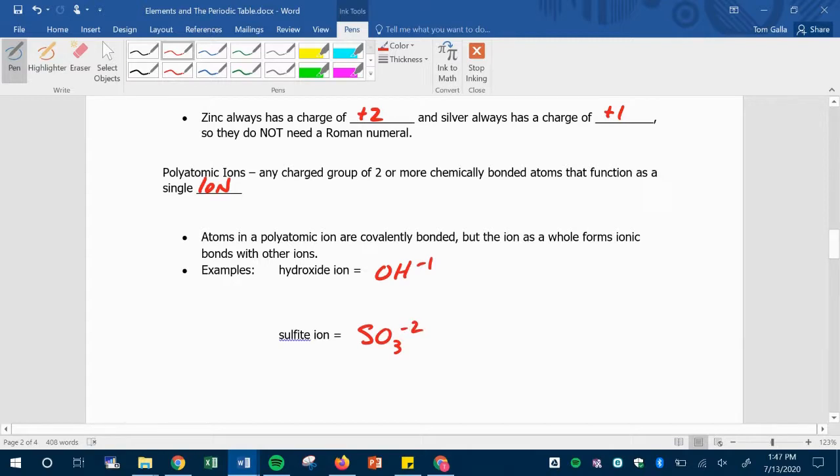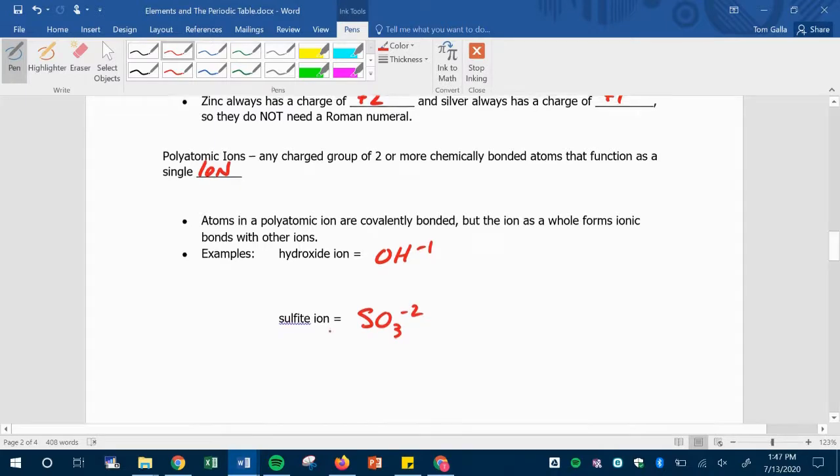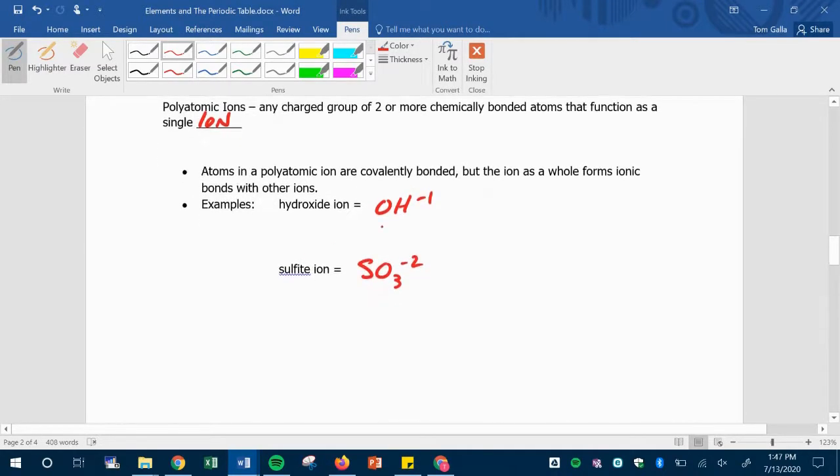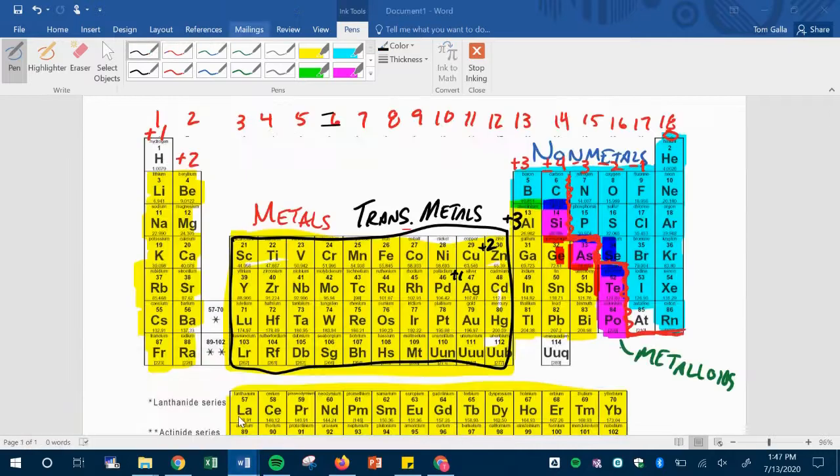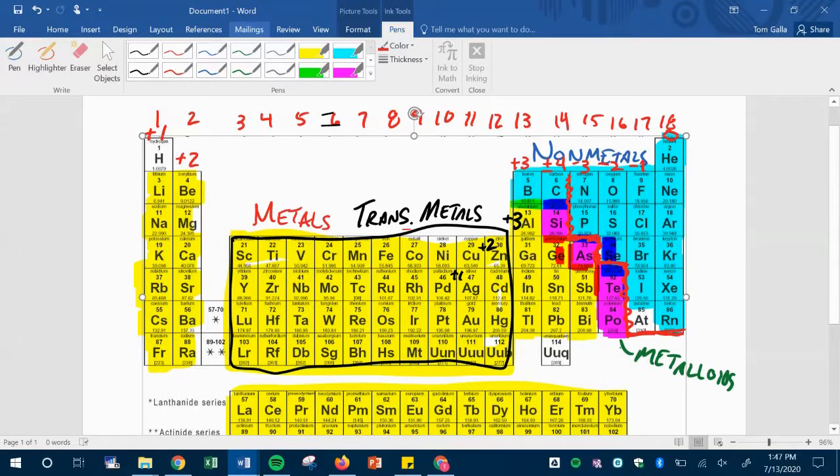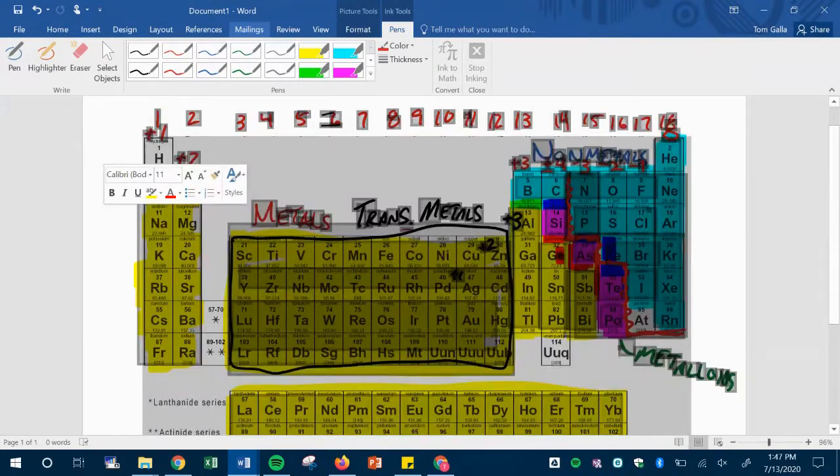And so now that we have this, let's go through and talk about what you should hopefully know after going through this. Some of the important highlights of this video: first, and this is one of the big ones, on your periodic table you should have labeled the sections or the groups with their typical charges.